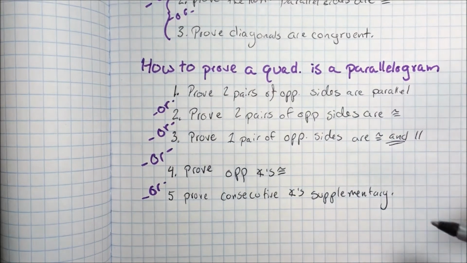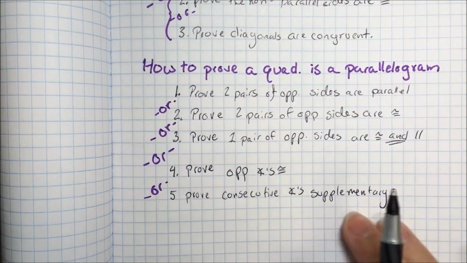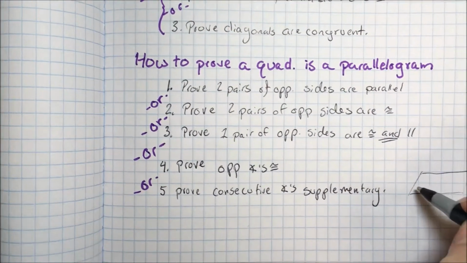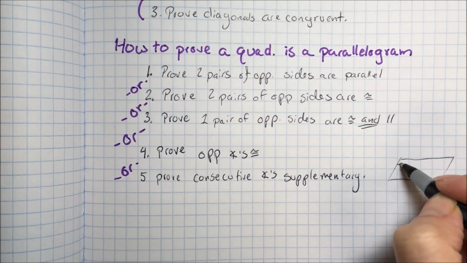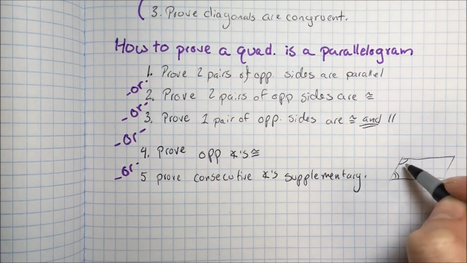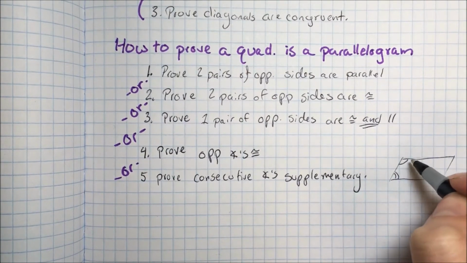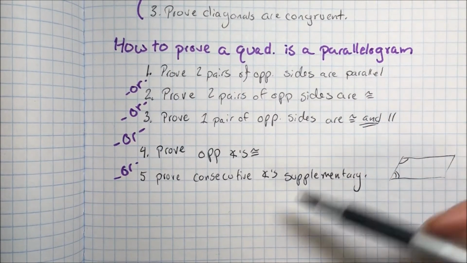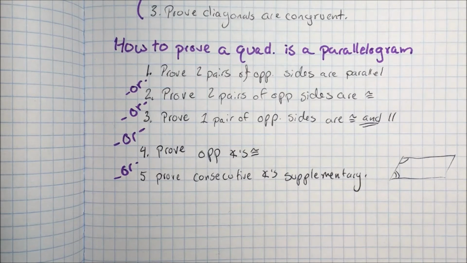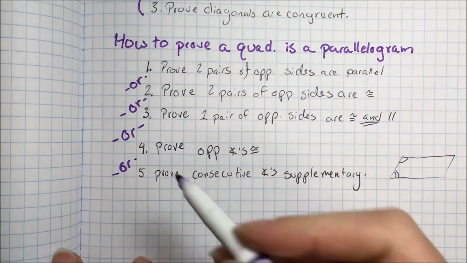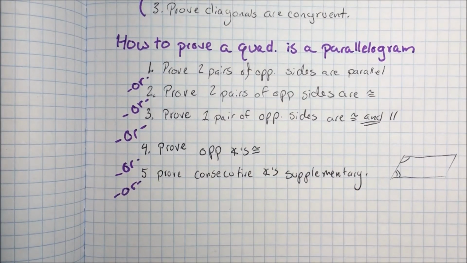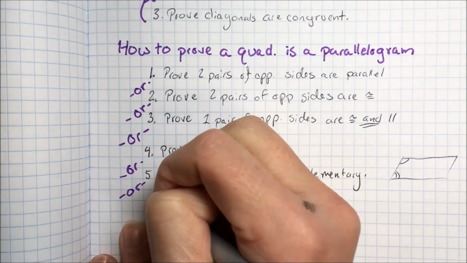And really, if you knew that this angle right here and this angle right here added up to 180, the next step would be to say that these two lines are parallel. So it's kind of the same as 1, but it's enough to do on its own. And the last one is to prove that the diagonals bisect each other.